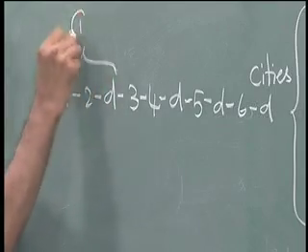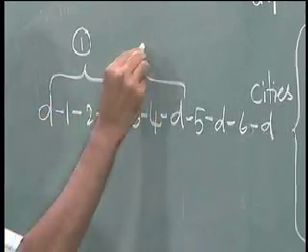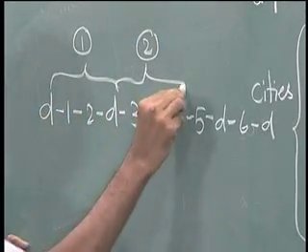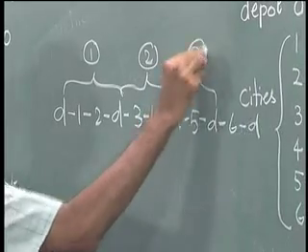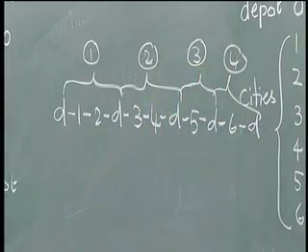So, this is vehicle 1, goes from 1, 2 and back to depot. This is for vehicle 2. Vehicle 3 covers only city 5, vehicle 4 covers only city 6. Now, this is a feasible solution that involves 4 vehicles.